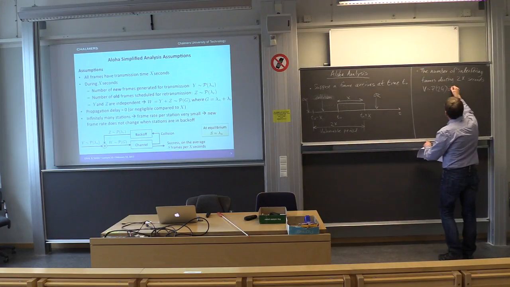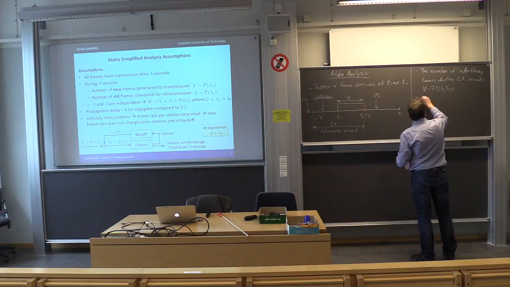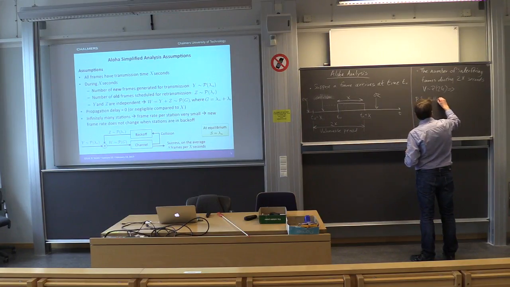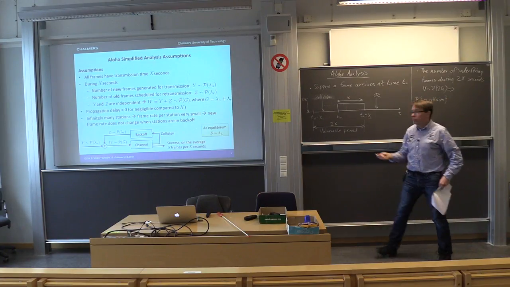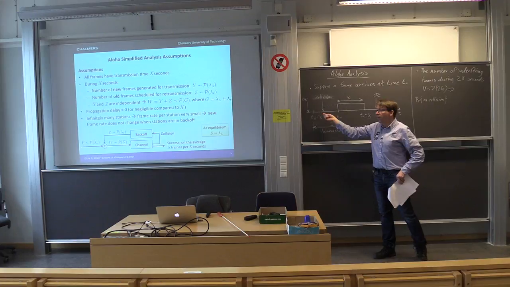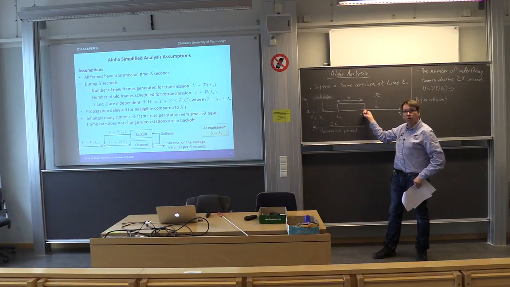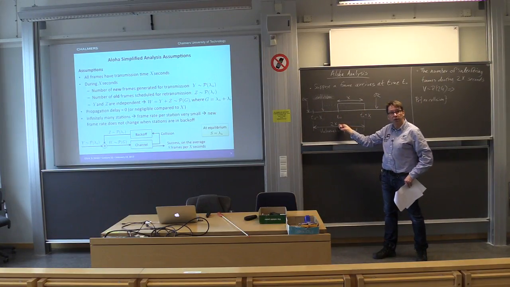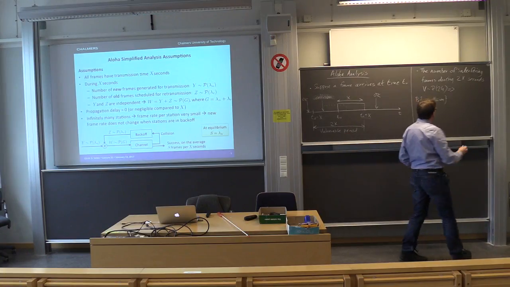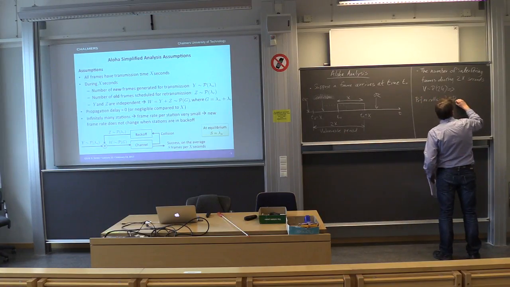Okay, so the probability of no collision, what is that? Well, it's the probability that it generates exactly 0 frames during a time period of 2x seconds, which is the same thing to say it's the probability that v is equal to 0.